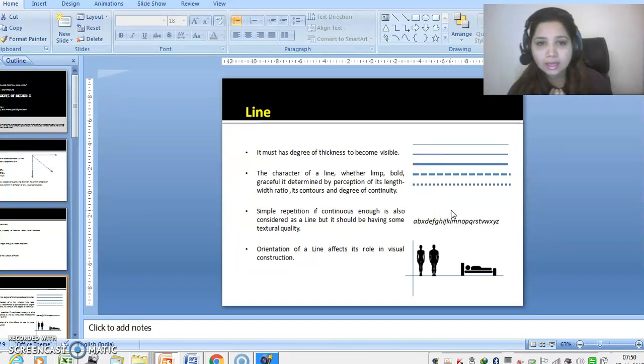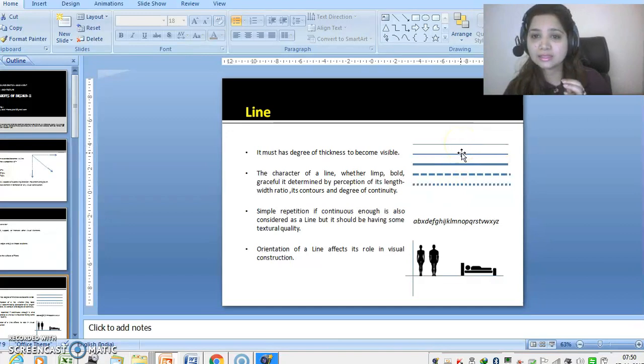So now for a line to be visible, it should have a relative thickness. The thickness also depends on what you want the line to represent and at what distance you want the line to represent. Now you have these lines.